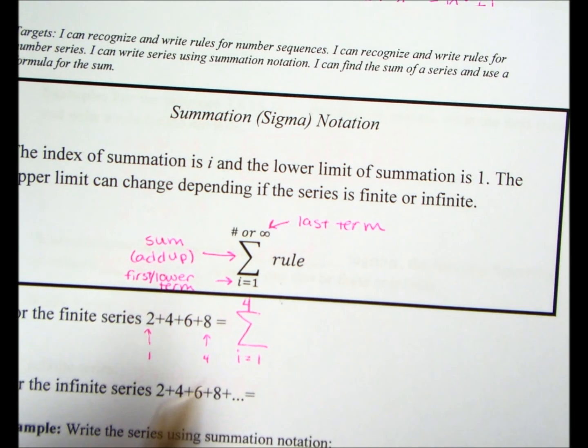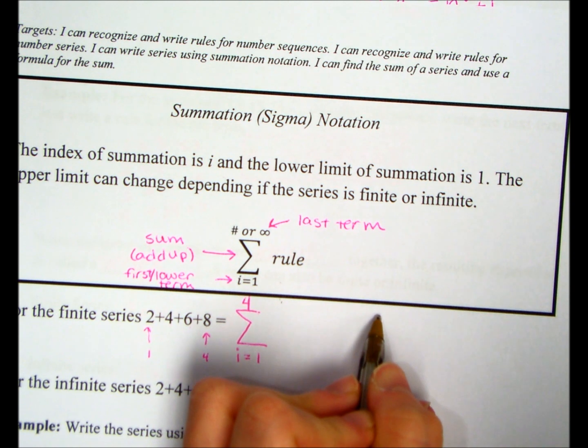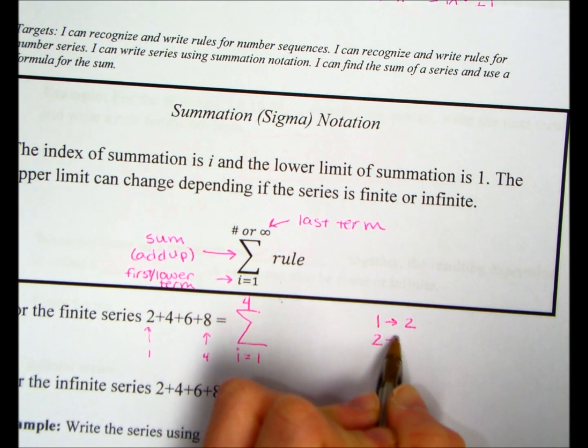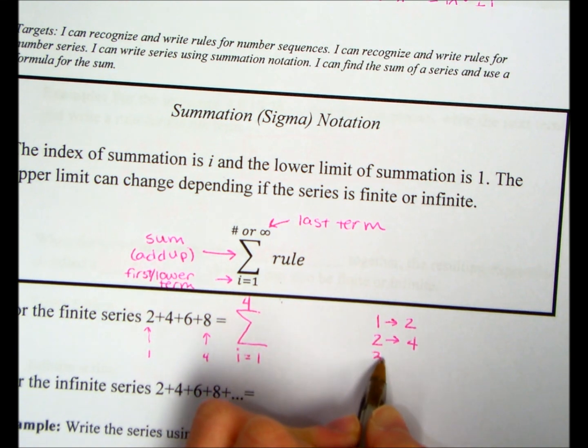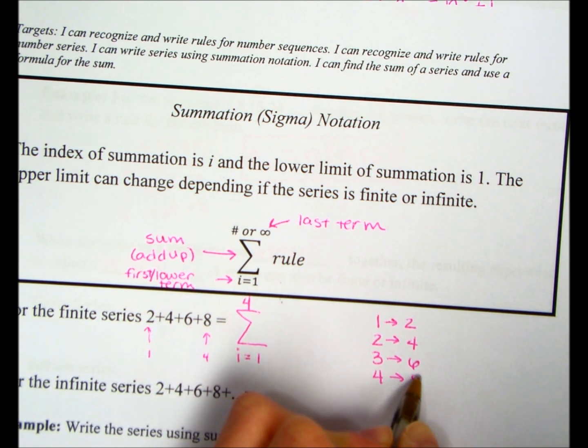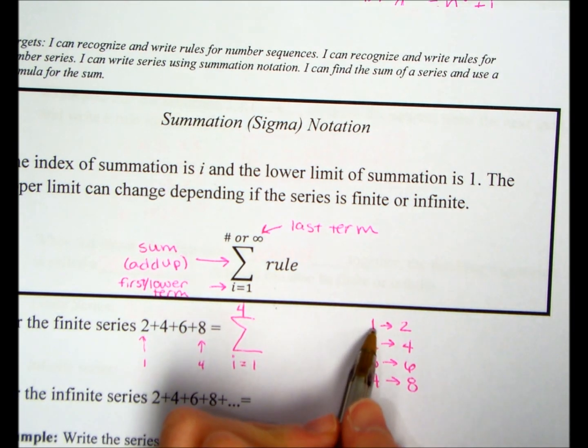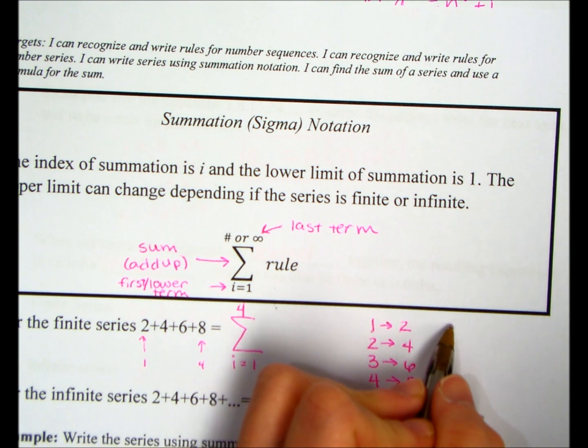So similar to the previous page, I'm going to say my first term is 2. My second term is 4. My third term is 6. And my fourth term is 8. So this is a pretty straightforward rule. Hopefully you can see it. So I get from 1 to 2 by multiplying 1 by 2.